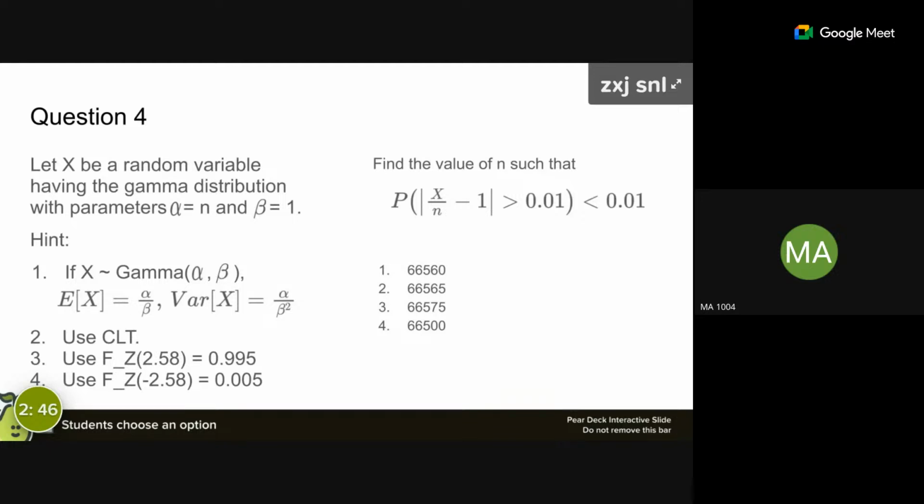Then the sum of those random variables will follow a gamma distribution with parameters alpha as n and beta as 1. Were you there when we were discussing question number 3? The same logic I am using here.